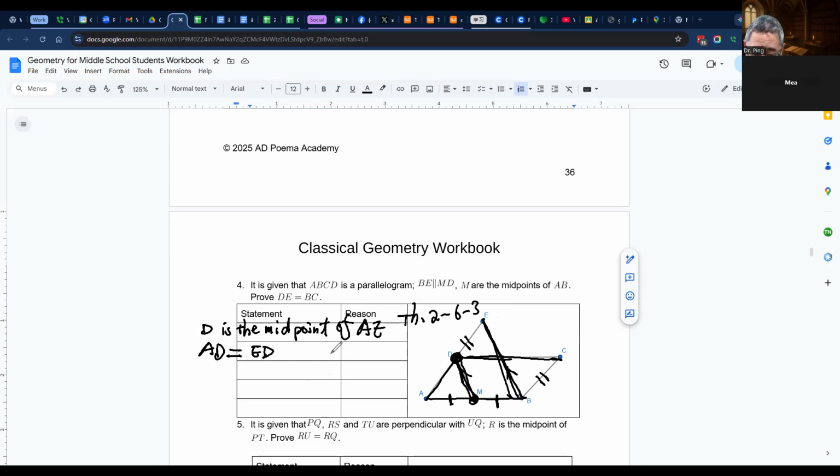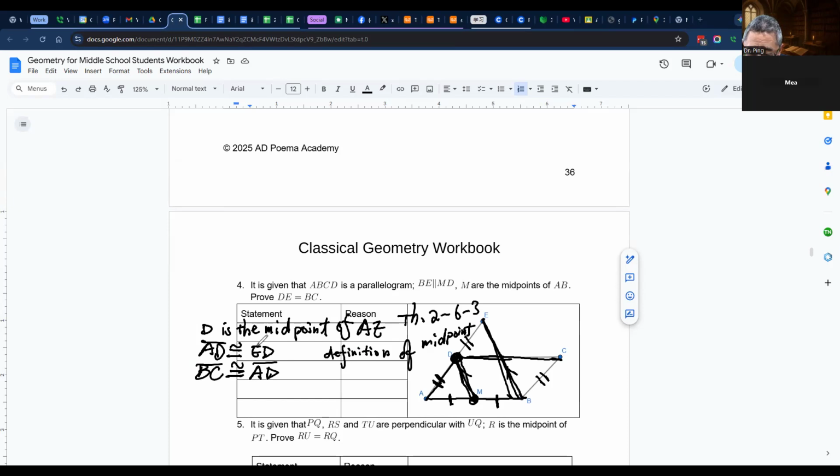That is the definition of the middle point, because we already proved that D is the middle point. And the definition of middle point is that this side is going to be congruent to that side. Well, we also know that BC is congruent to AD.